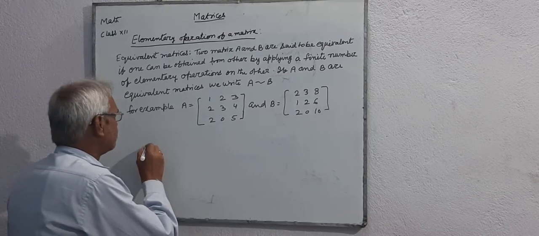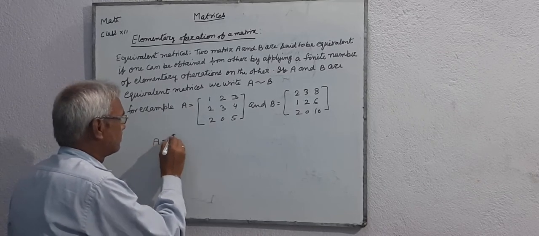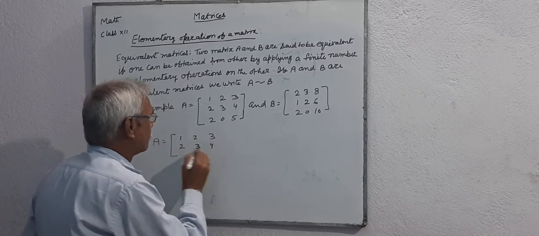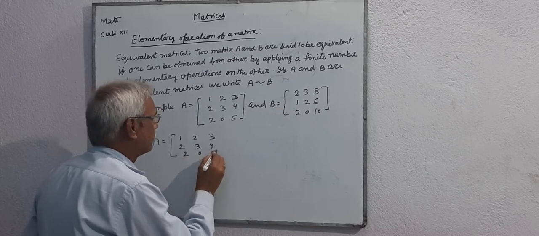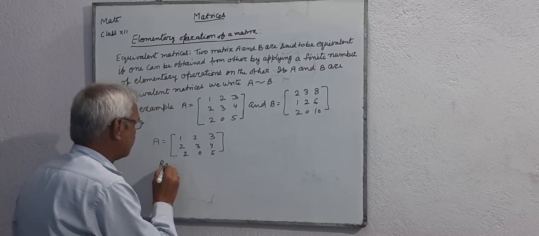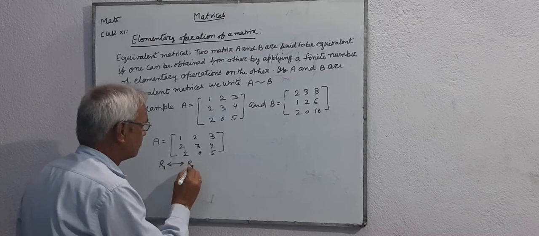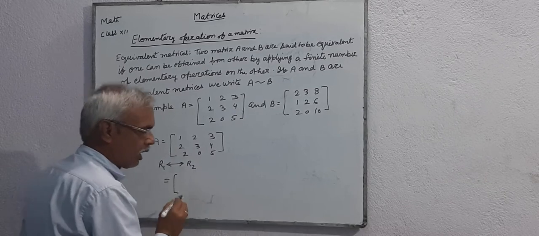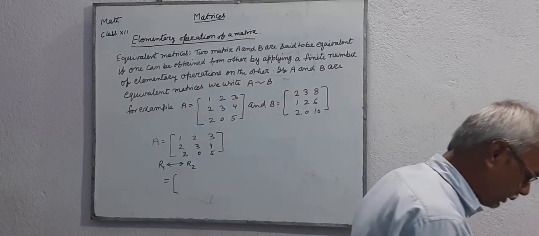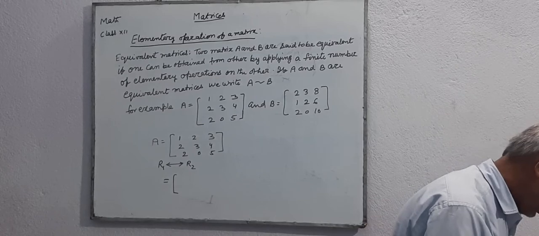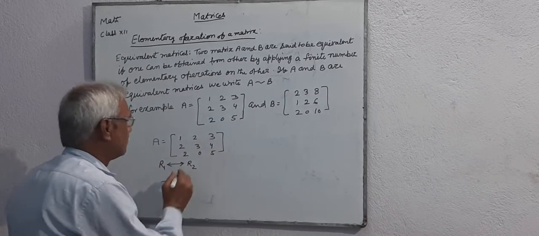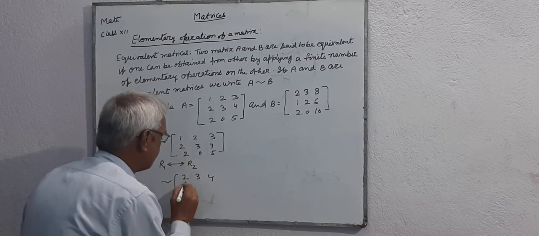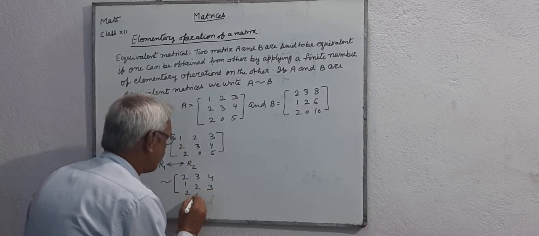A equals 1 2 3 2 3 4 2 0 5. R1 interchanged with R2 gives 2 3 4, 1 2 3, 2 0 5.